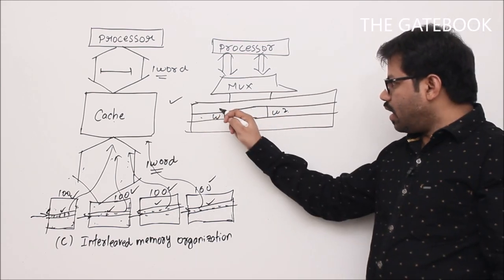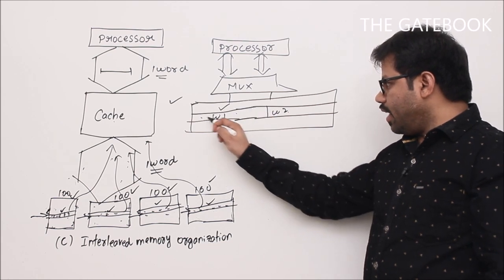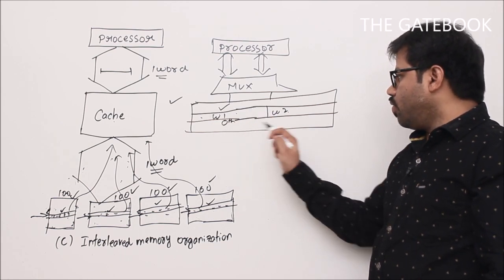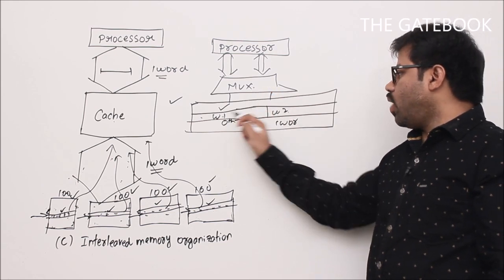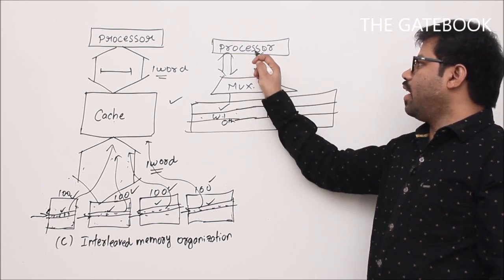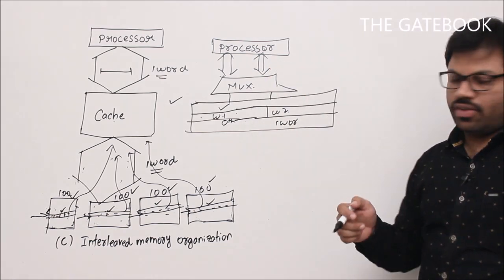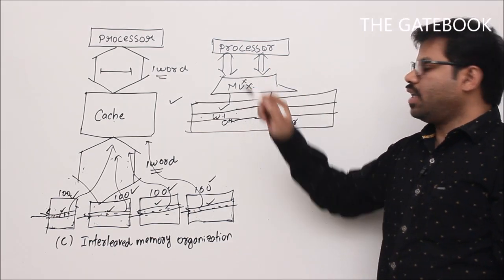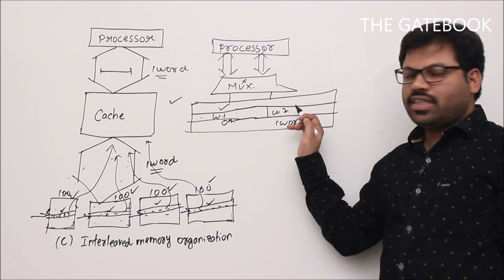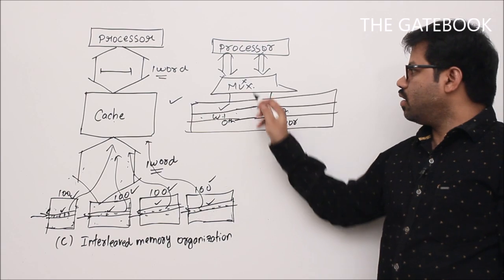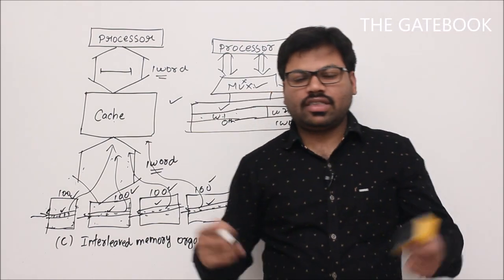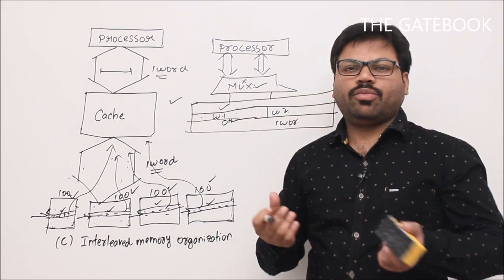So to fetch the right word, in each row this is the 0th word, first word, right? Now this multiplexer is going to select one of the words, depending on the address specified by the processor. So in that way the multiplexer is required, because we have two words in the cache, and we need only one word. Then which word you want, left side or right side, will be decided by the multiplexer's control lines. Understand? So that is about the multiplexer.